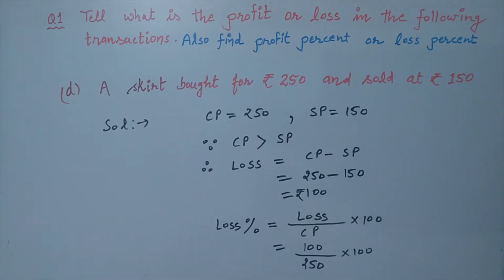Right? Now what we do? 25 into 4, 100. 25 into 10, 250. This 0 cancelled. So what we are left now? We are left with 4 into 10, which is equal to 40%. What is this? This is loss percent.